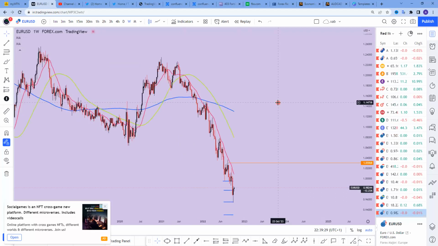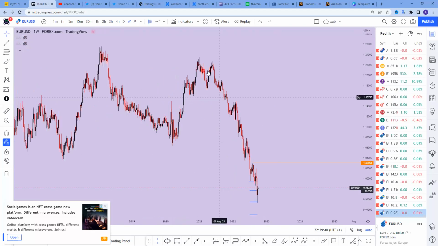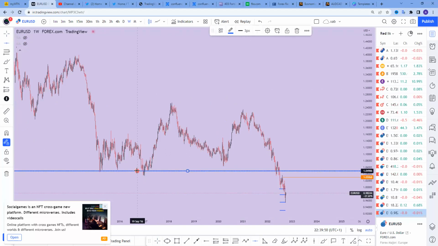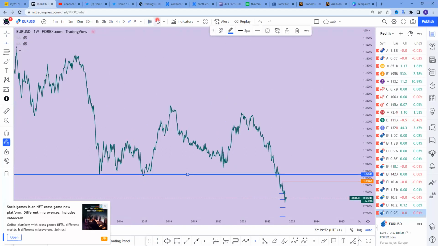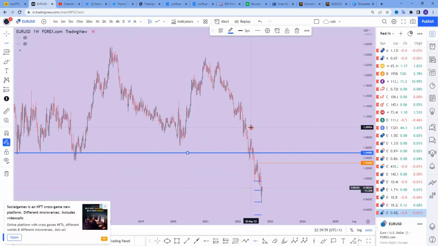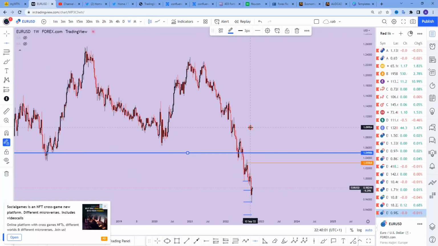Let's go to the weekly time frame. You can see that I have also had levels that I marked. Let me hide all of this. On the weekly time frame, we're simply looking for our key levels. So let's do that quickly. We're simply looking for our key levels. And what do you see?